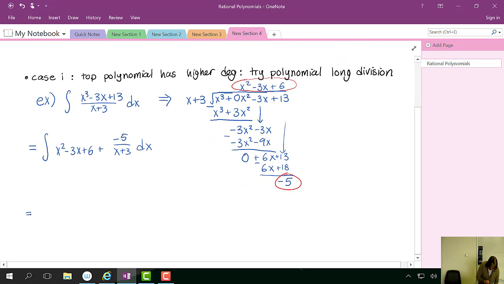And then this is a fairly simple integral to do. First term will be 1/3 x cubed minus, second term 3 divided by 2 x squared, plus 6x, minus 5 times the natural log of x plus 3.